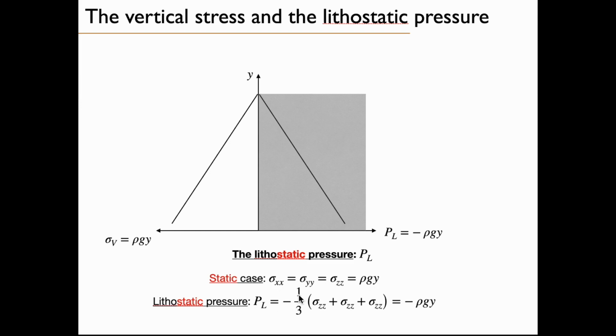So if we apply this to the formula of pressure, we can substitute three times the same sigma zz, divided by 3, and this will give you the value of lithostatic pressure, which is minus rho g y. So sigma v is rho g y, and lithostatic pressure is minus rho g y.